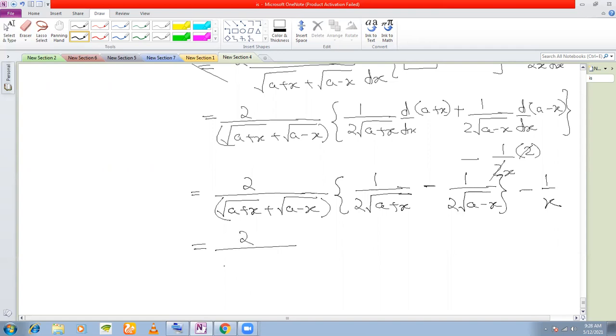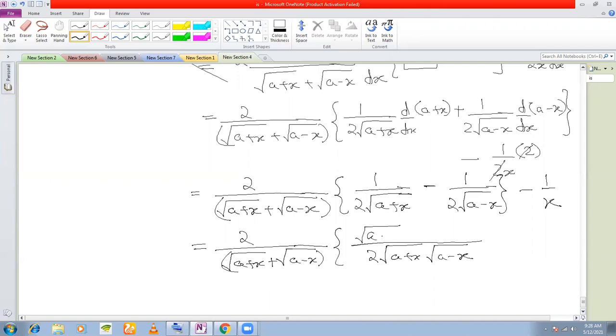You have twice root a plus x plus root a minus x, and within the curly bracket you can take your LCM, twice root a plus x into root a minus x, and here you get root a minus x minus root a plus x, minus 1 by x.